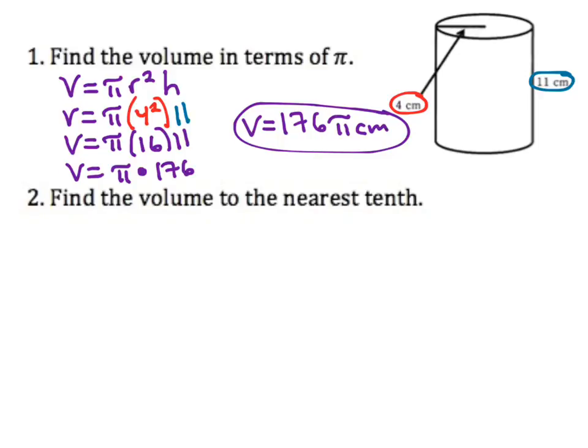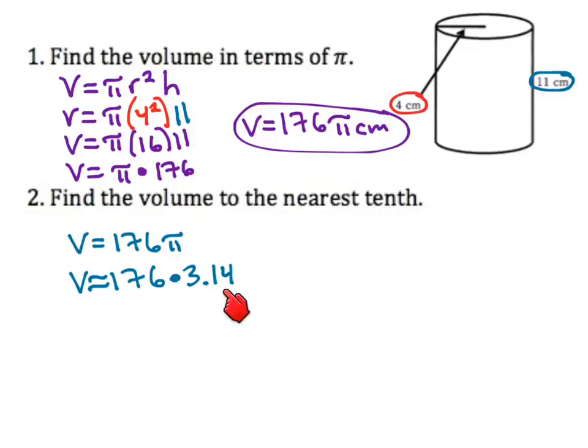Now, to find the volume of this to the nearest tenth, all we have to do is everything that we did to this point, and then we replace pi. If it doesn't specify what to replace it with, go with as far as you feel comfortable. Go with at least 3.14. So again, we've got volume equals 176 times pi, and now we're going to replace pi. We'll say volume is about 176 times 3.14.